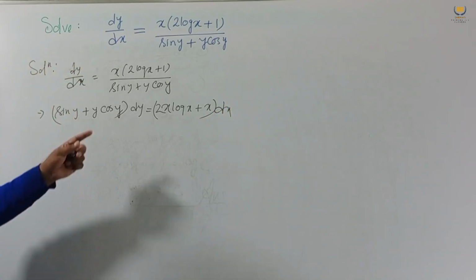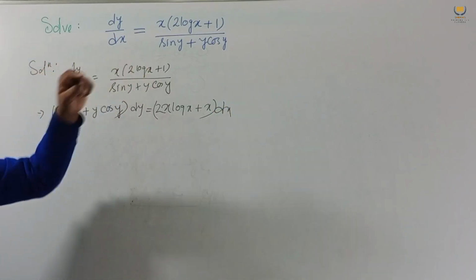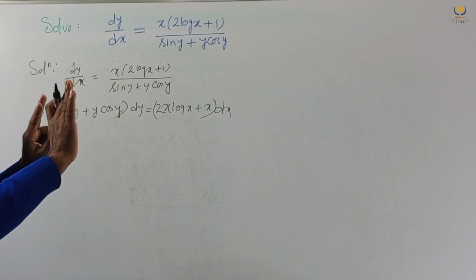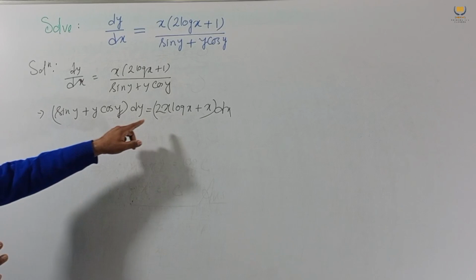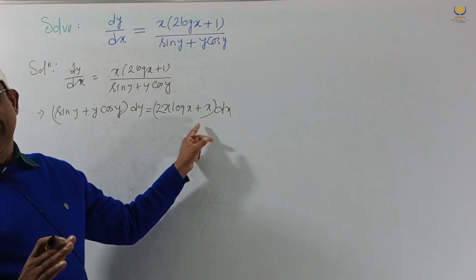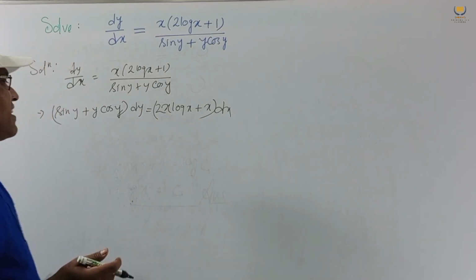Variable separation is already complete, because on the left everything is y with dy, and on the right everything is x with dx, so we can easily integrate.